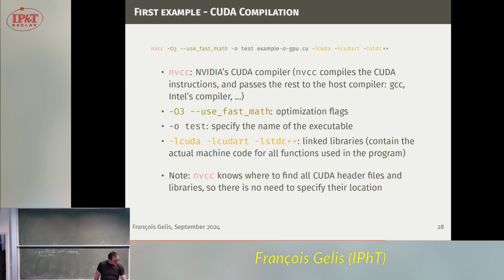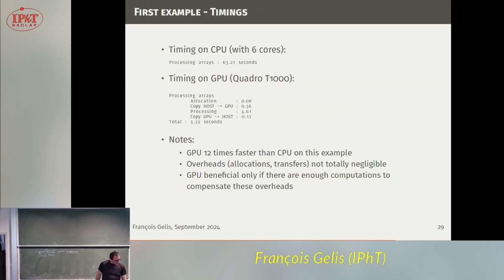So let me give you a flavor of the kind of speedup you can expect. This was done on my laptop. The CPU has 6 cores, and then it has this little GPU, which is not very powerful. So this is the timing of the program I just described. On the host CPU, it was taking around a minute, 63 seconds.